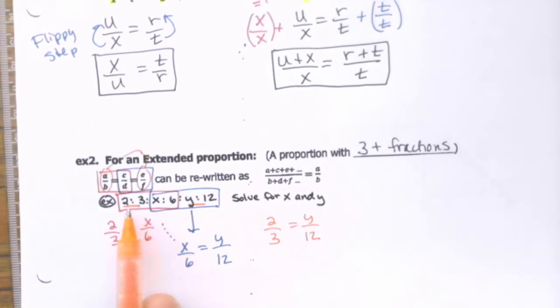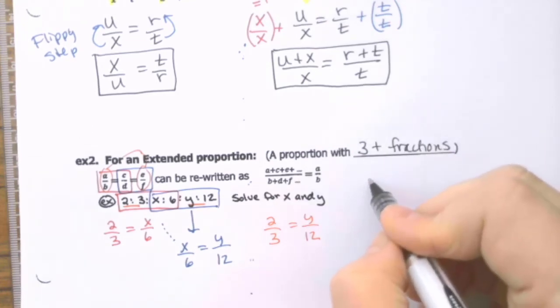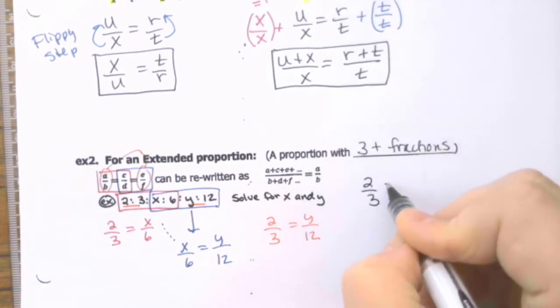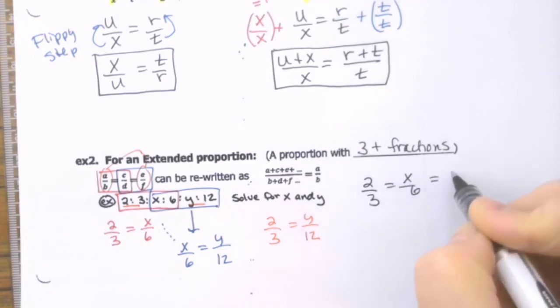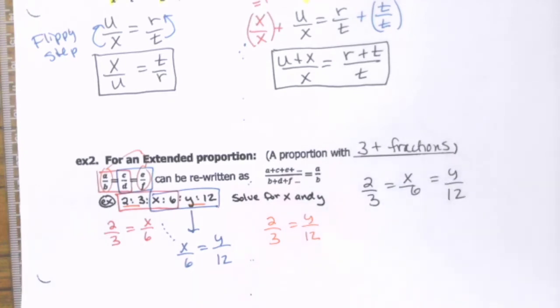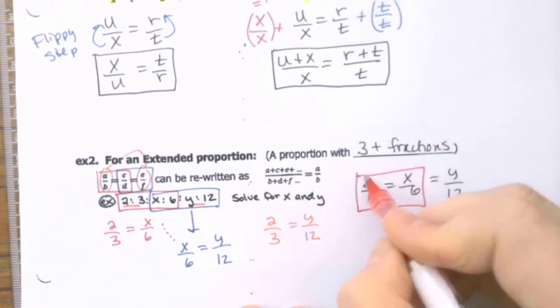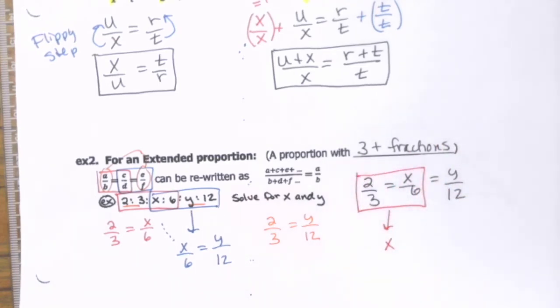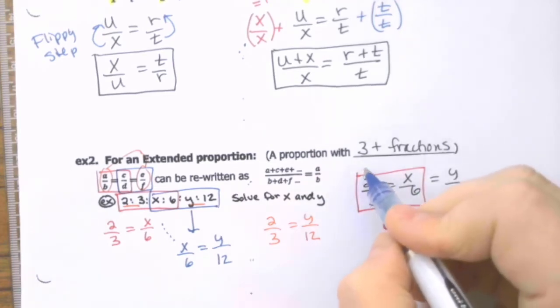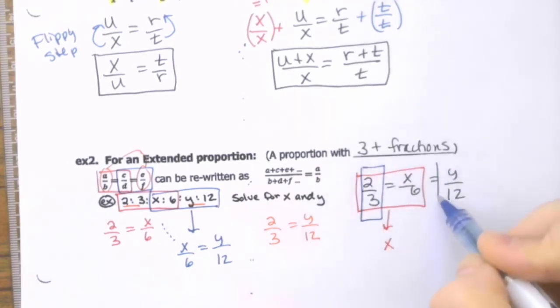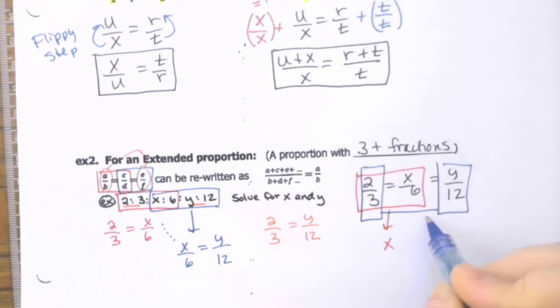So what a lot of people do is when they see the colon form, they go ahead and just flip it into fraction form. 2 over 3 equals x over 6 equals y over 12, and then use that form to figure out what their equations need to be to solve. And again, we can take these 2 to get our y.